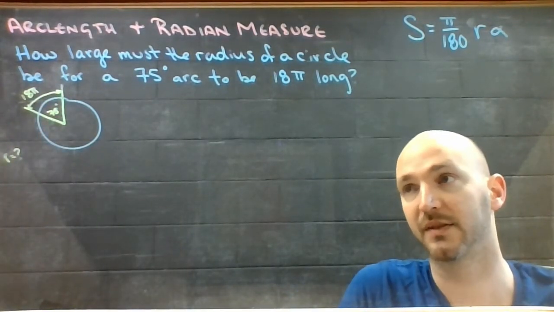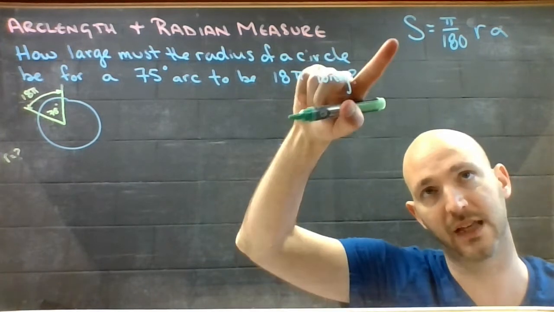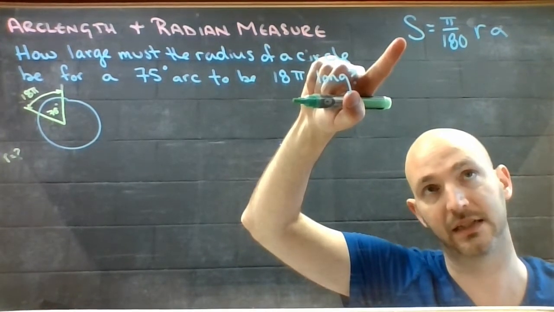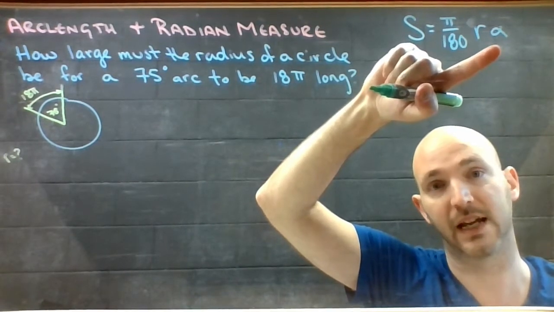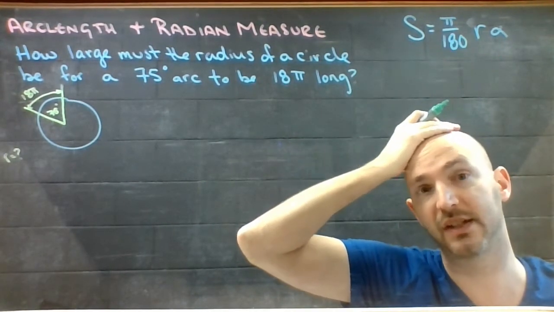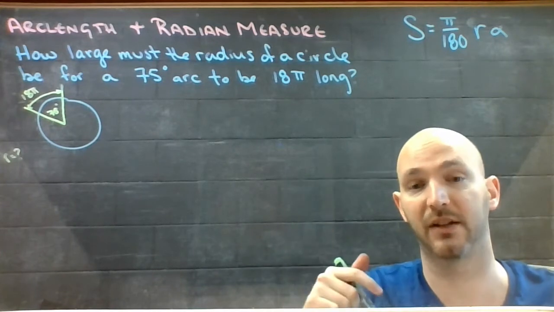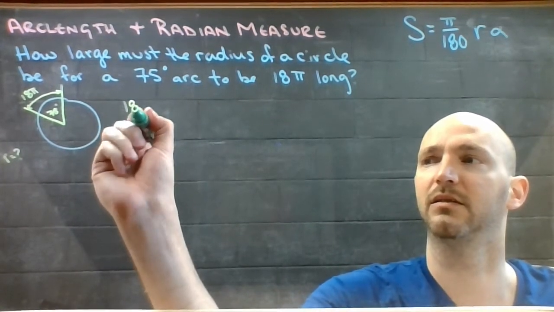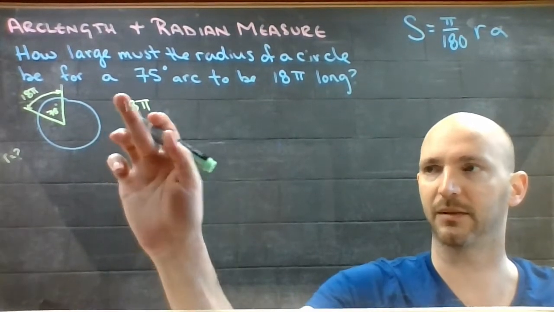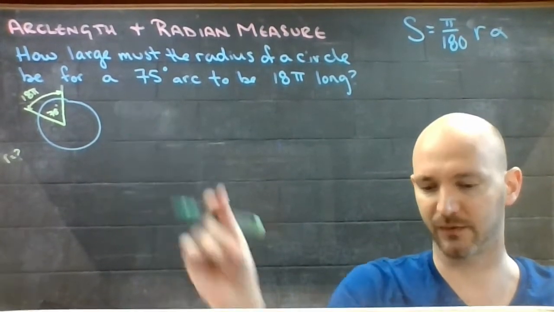Okay, so what's happened in this one is I was given the arc length, that's 18 pi. I was not given the radius, but I was given the angle it subtends. So I just need to plunk those things in and do a little bit of algebra to work it out. I'm going to write the equation down for you.